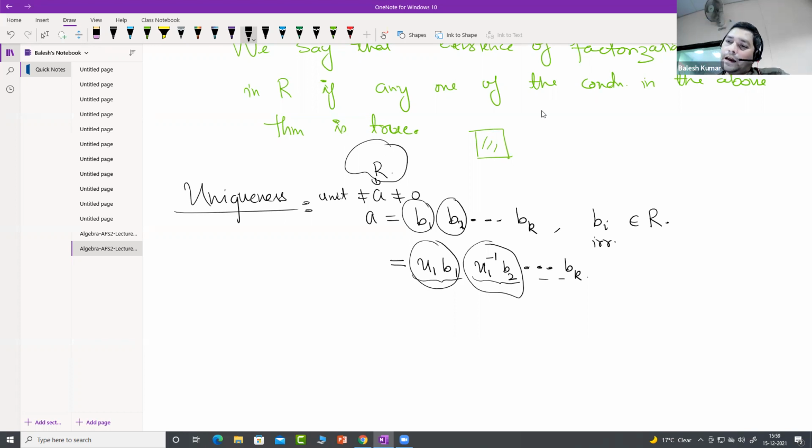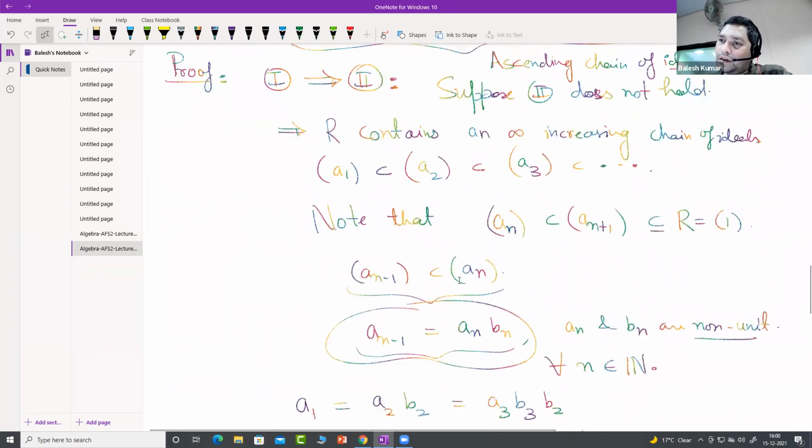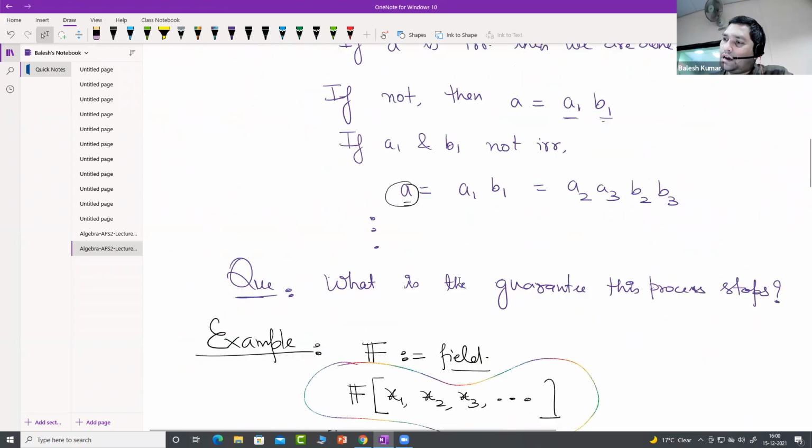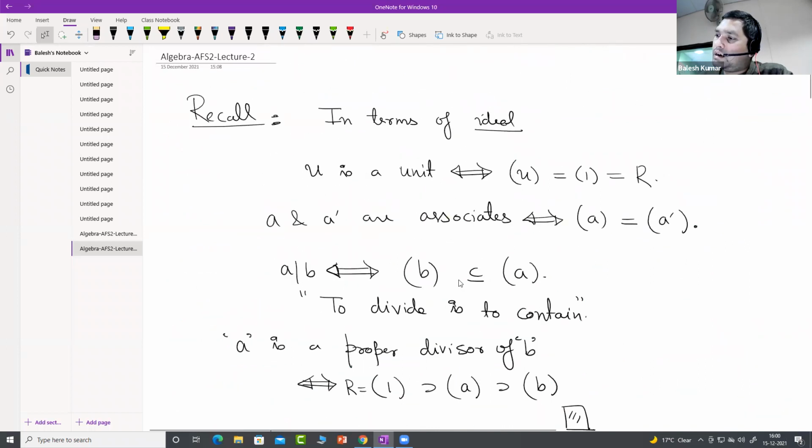This up to units and up to associates can be disregarded if one discusses these things in terms of ideals, because in terms of ideals, as we have defined, these associates and units will not come into the picture; they will be the same.